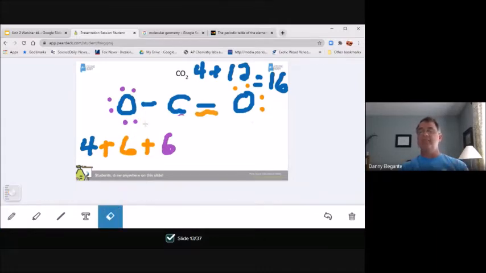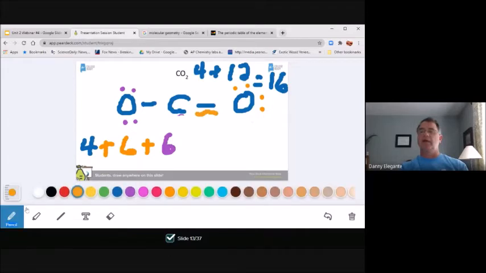That last step is still, you can move any pair of electrons. It doesn't matter what pair you move. I'm going to move that pair, and I'm going to turn it into a double bond. Now, that doesn't affect the oxygen.